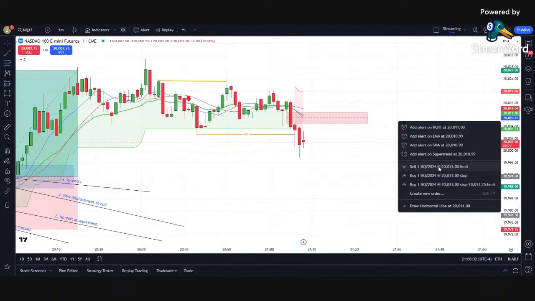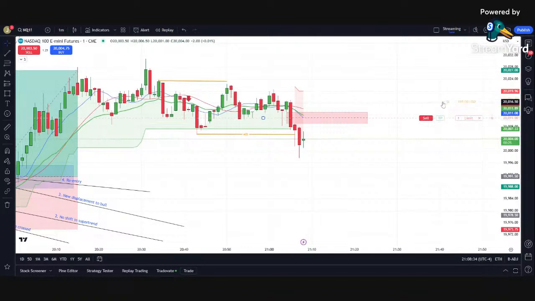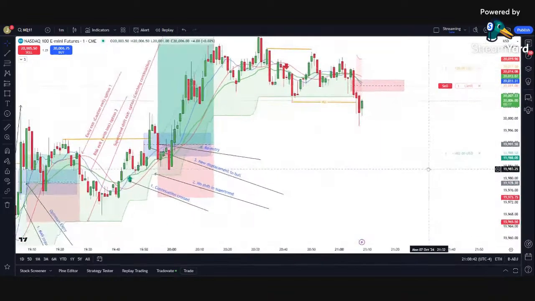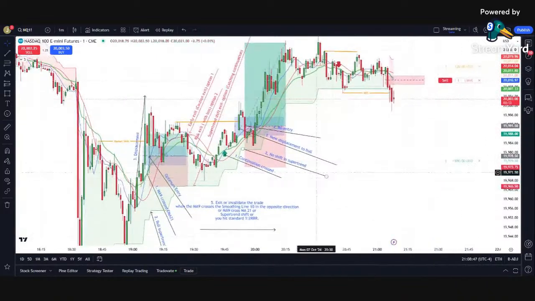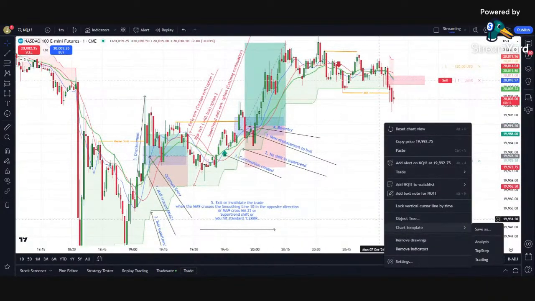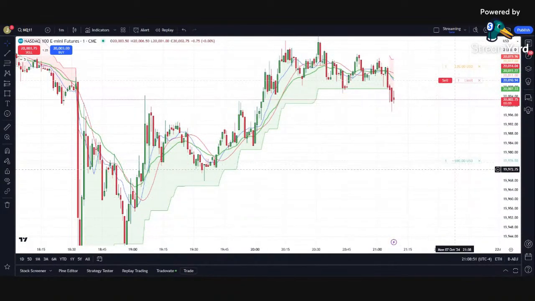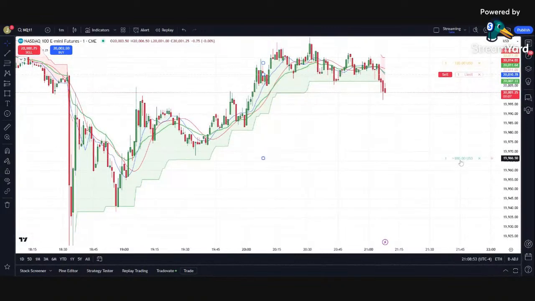Okay, sell one. Stop loss will be here, which is only 1,120. It's really good. And then let's aim for this.